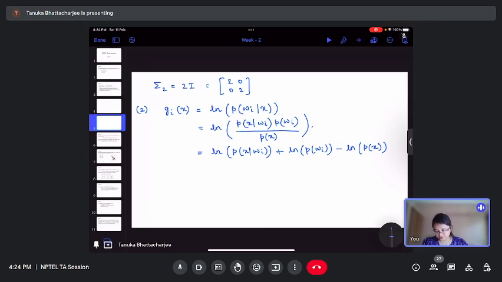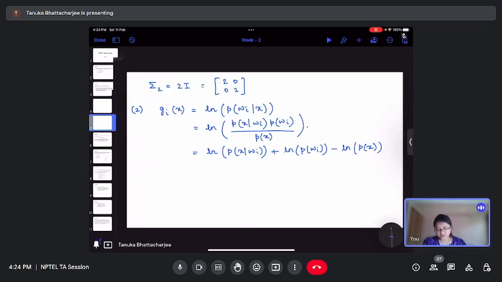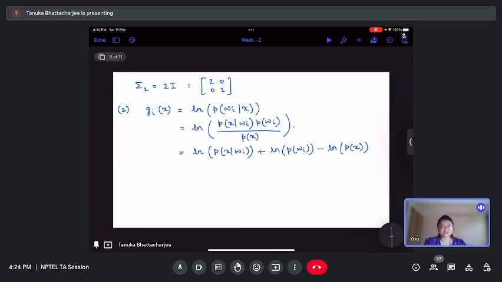Now the question for us is, we need to compute the decision boundary. We know that here it is a two class problem, class omega 1 and omega 2, and we know that at the decision boundary the discriminant function value for both the classes will be equal.